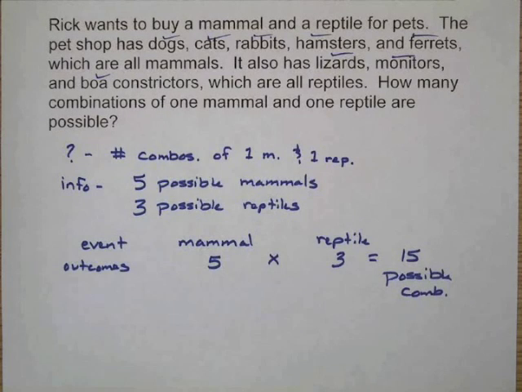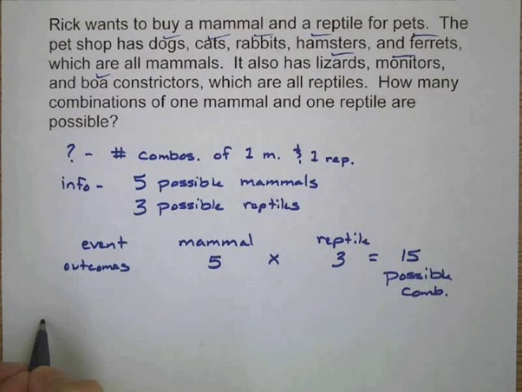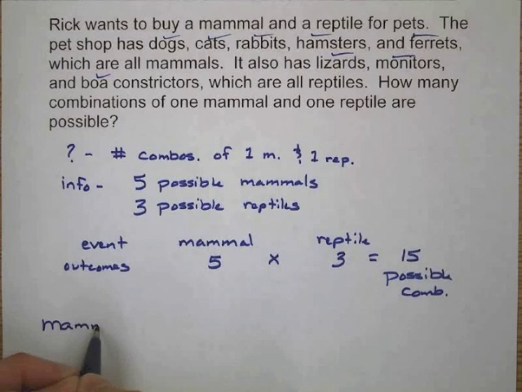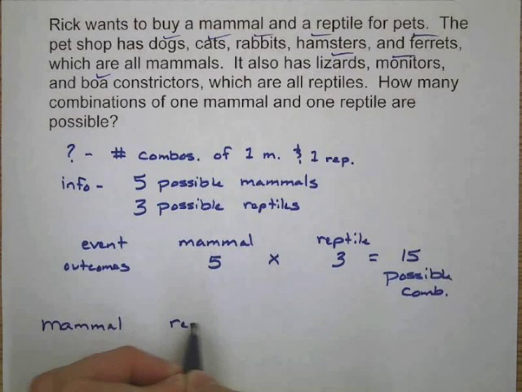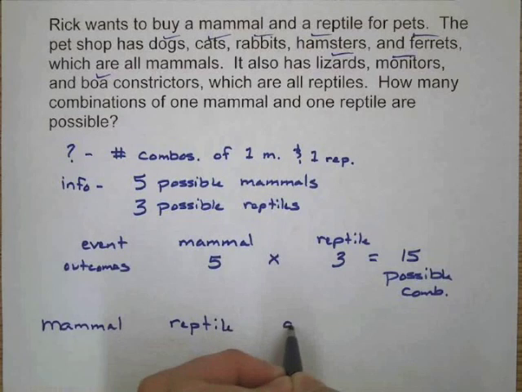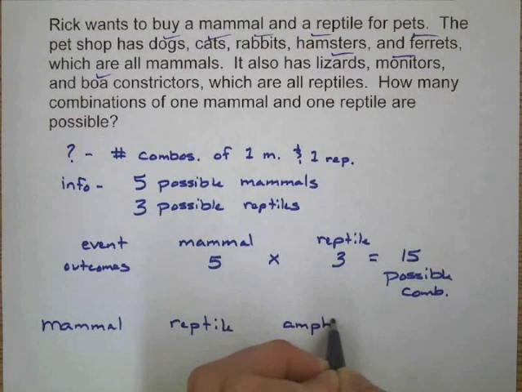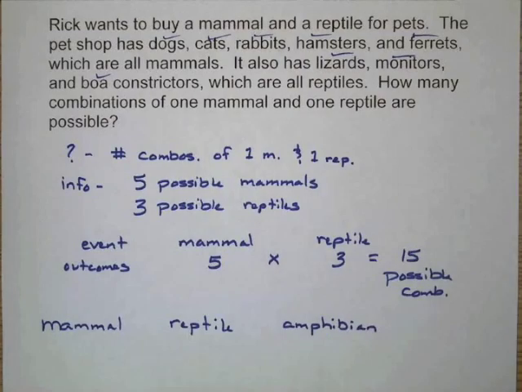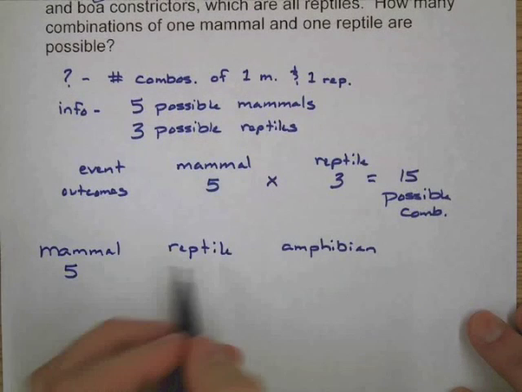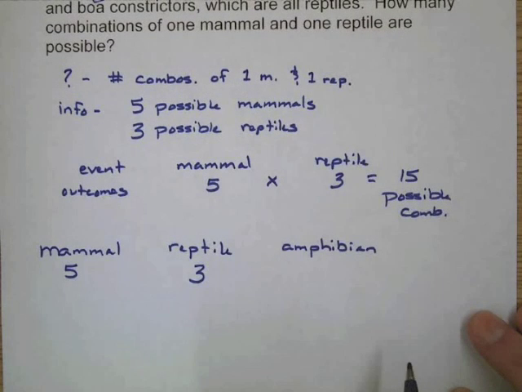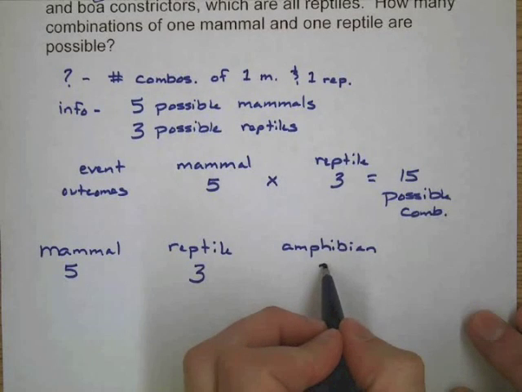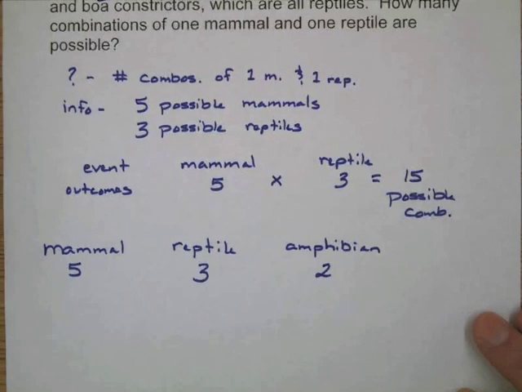We could extend this. Let's say Rick wants to not just get a mammal and a reptile, but also an amphibian. And so there's still 5 possible choices for mammals, there's 3 possible choices for reptiles, and let's say there's a choice between a newt and a bullfrog, so there's 2 possible amphibians.